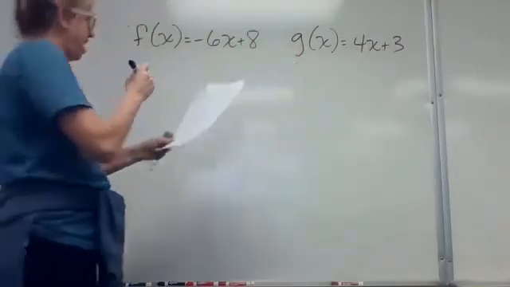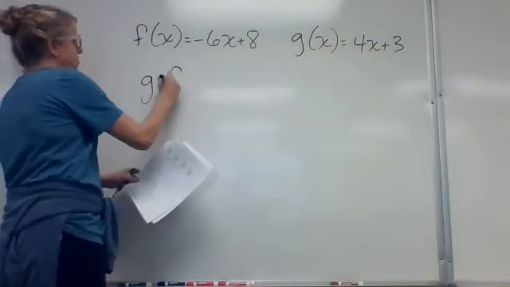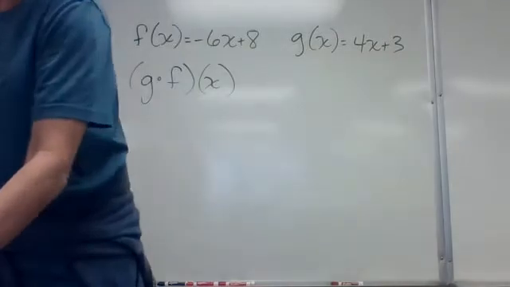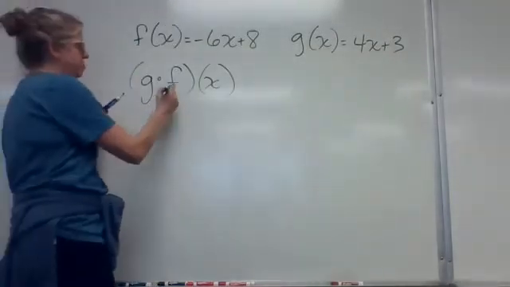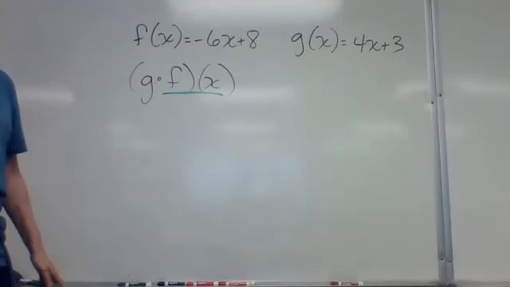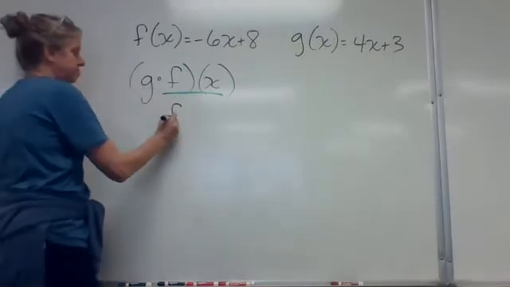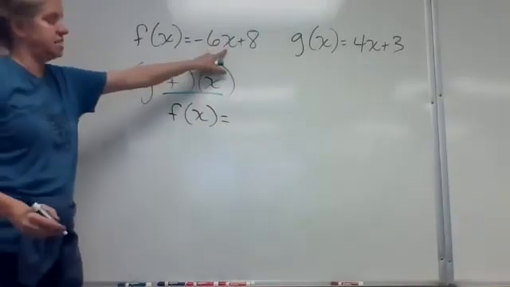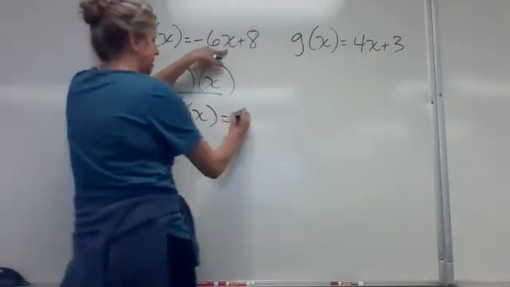And this time it wants me to find g of f of x. So I'm going to start off the same way. The first thing I do is find f of x. Well, it tells me what f of x is. It's -6x plus 8.